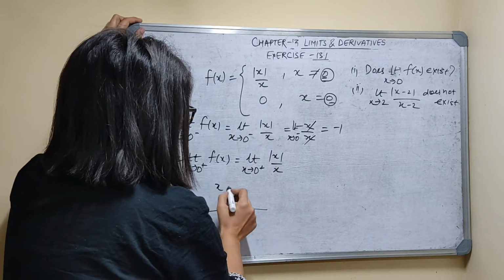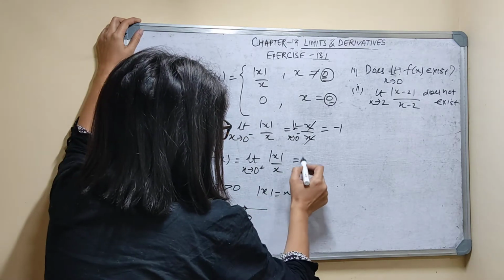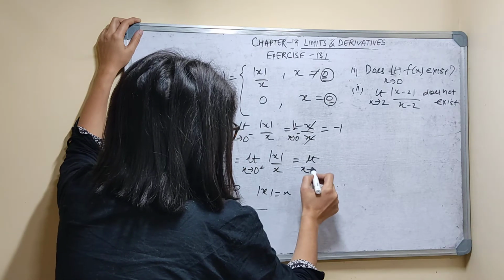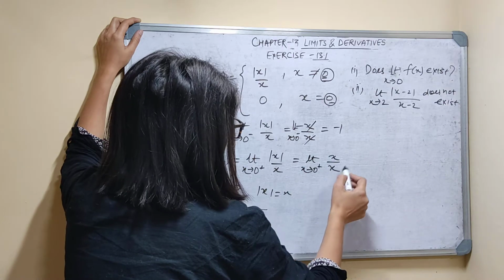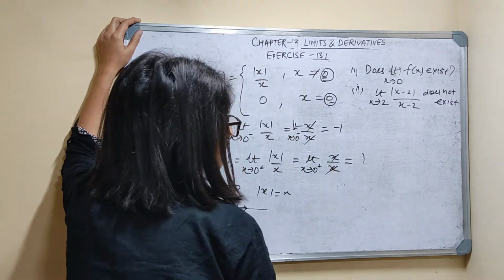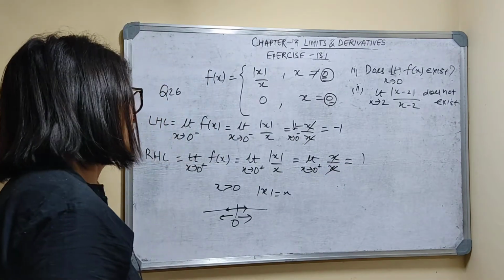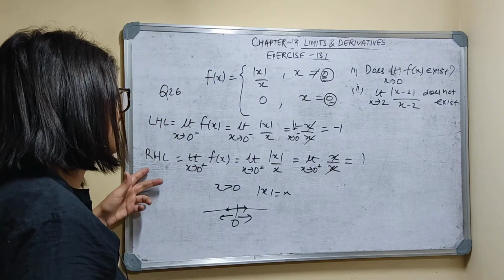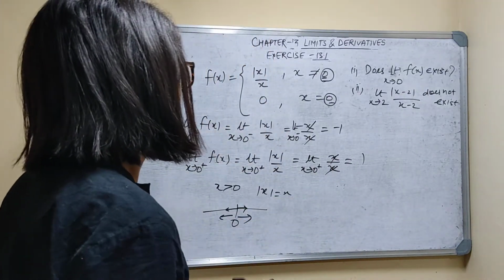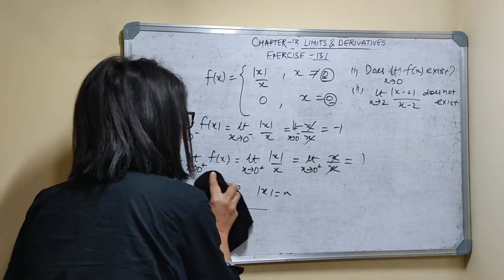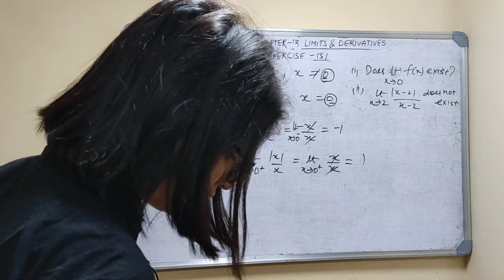So if x is greater than 0, |x| is equal to x. So x upon x is 1. You can see the left hand limit and right hand limit are both different. One is minus 1 and the other is 1. So I can say the limit as x tends to 0 of f(x) does not exist, because both are not equal.